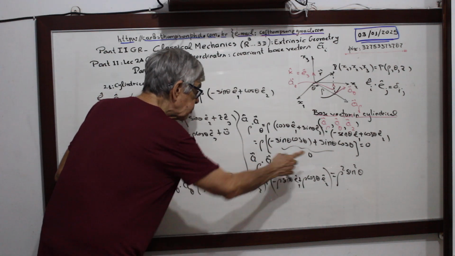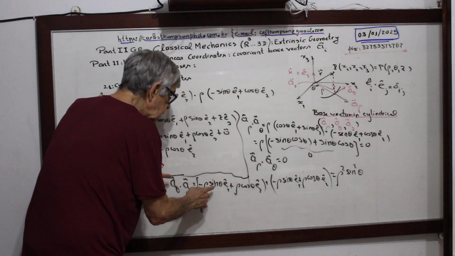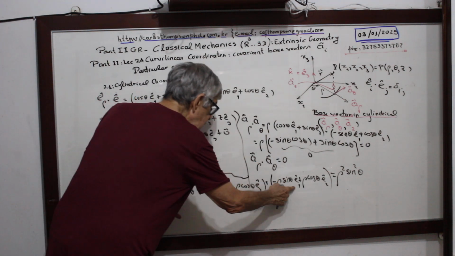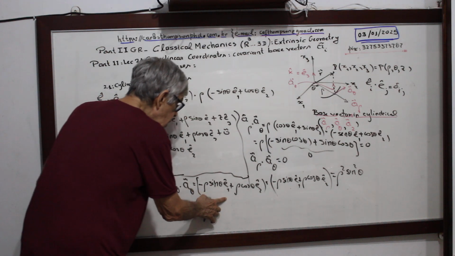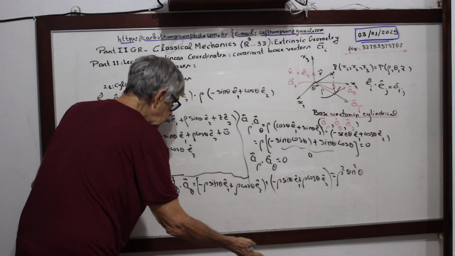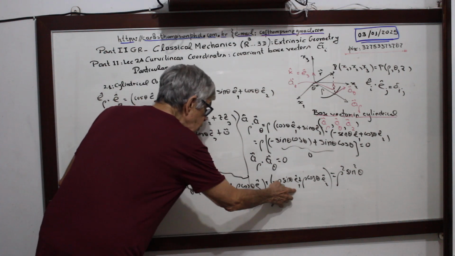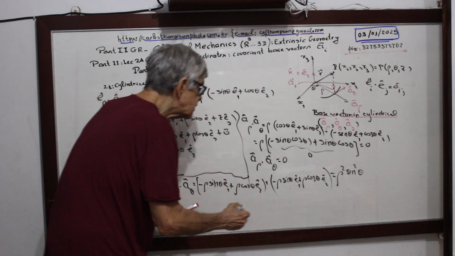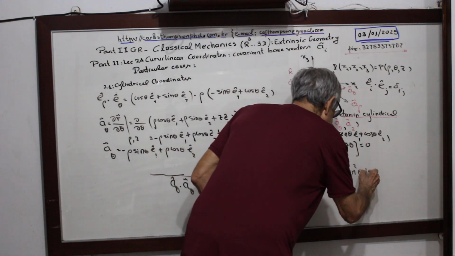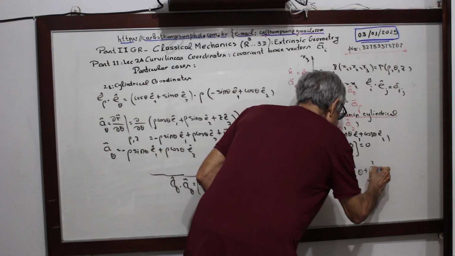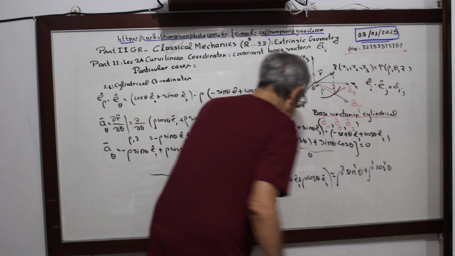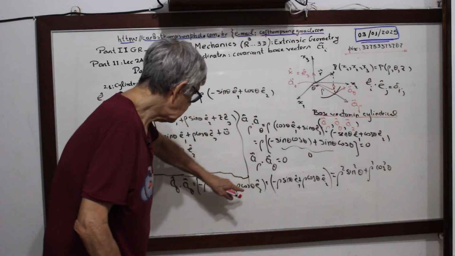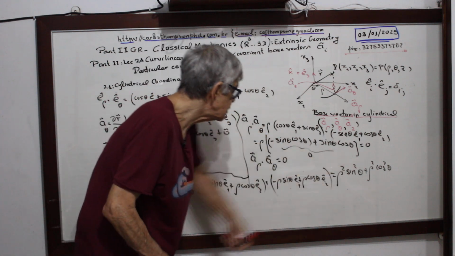Minus is plus. Now, sine theta will be sine square. E1 dot E2 will be 0. E2 dot U1 will be 0. Plus rho square cosine square of theta.